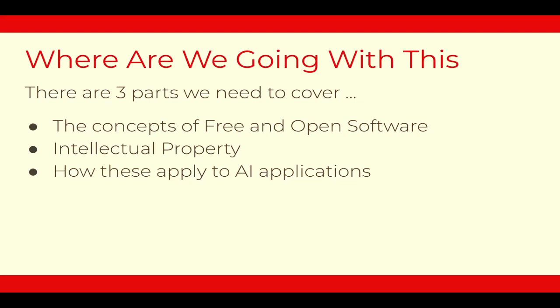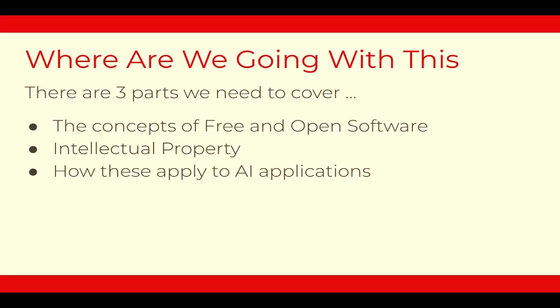But before we get there, we've got to talk about two other topics. The first is, what does the concept of free and open source actually mean? Because how can we know if this is a good definition of open source and AI if we haven't actually defined what the concepts mean in general? So we'll take a quick look at those.